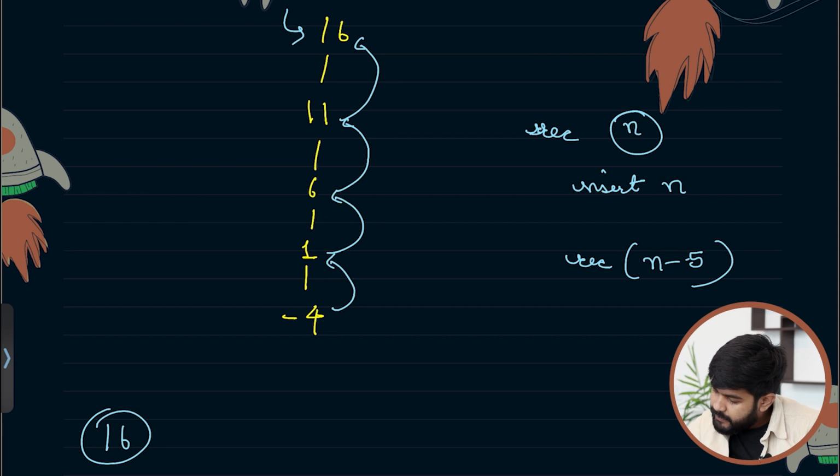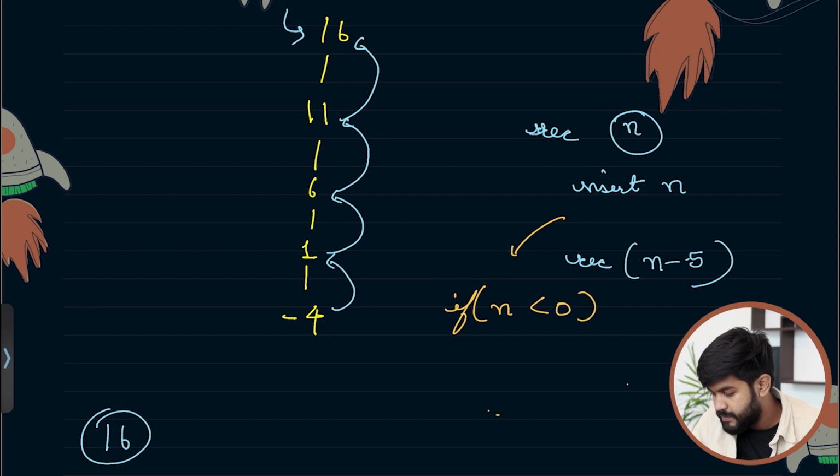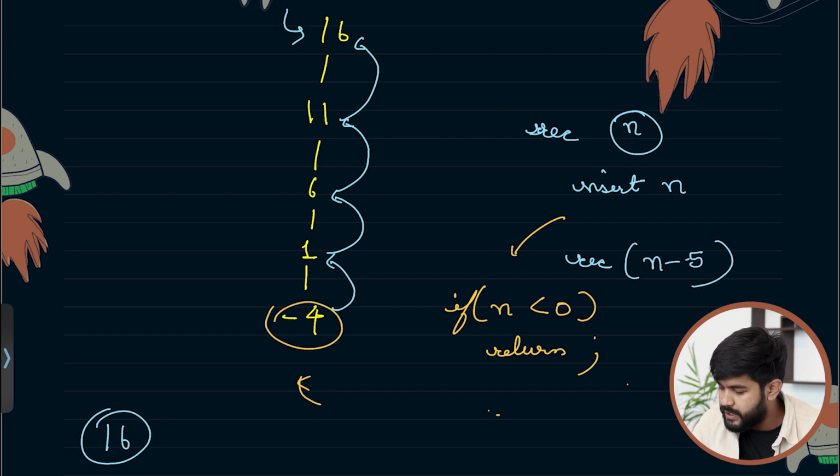So here we are inserting, and then I can just inject an if statement at this point: if n is less than 0, return. Why? Because the minus 4 would already be returned.